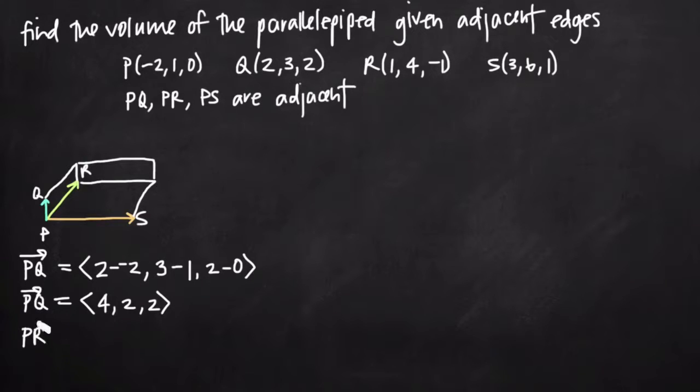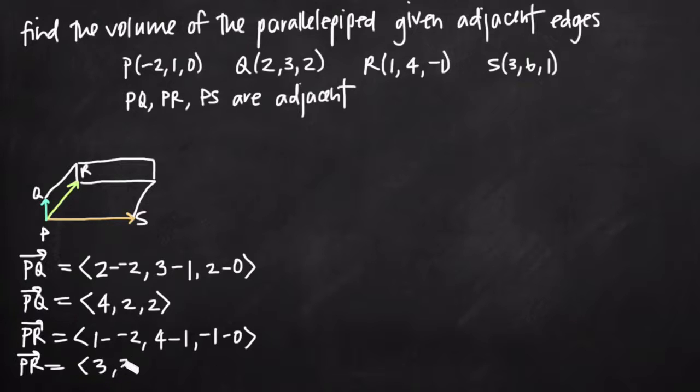So the vector PR is going to look like this. We'll take our components from R and subtract the components from P. So we get 1 minus a negative 2, comma 4 minus 1, comma negative 1 minus 0. And when we simplify, we get the vector PR being equal to 3, 3, and negative 1.